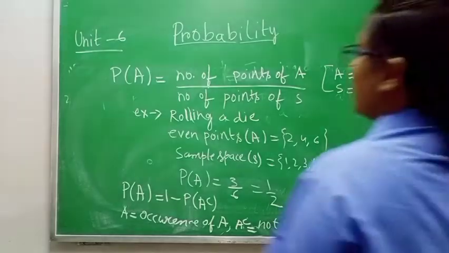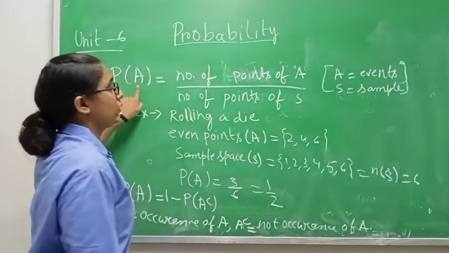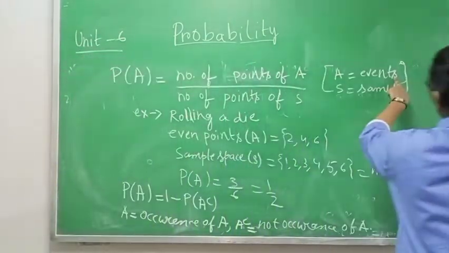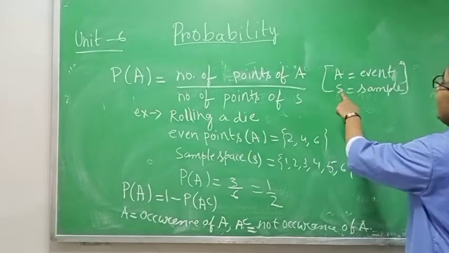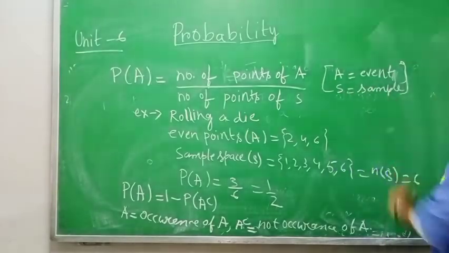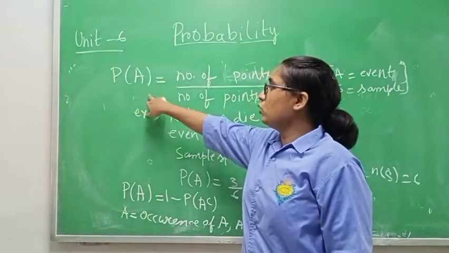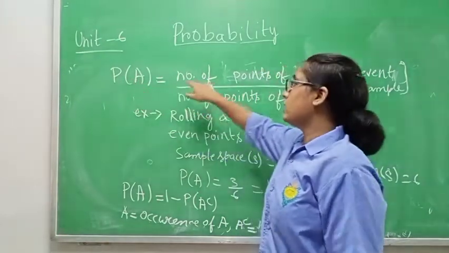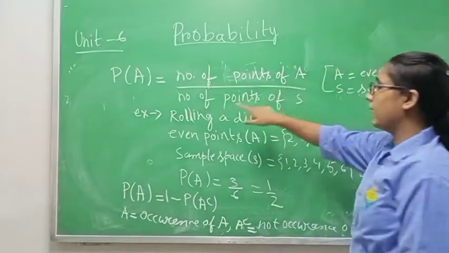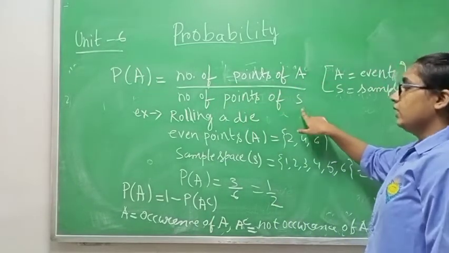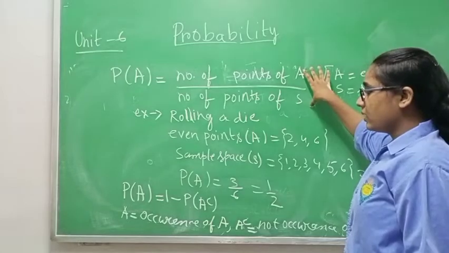Now class 12, see probability of A. I have taken A as an event and S as a sample space. The formula for the probability of event A to occur is the number of points of A divided by the number of points of S. Now what is this indicating?